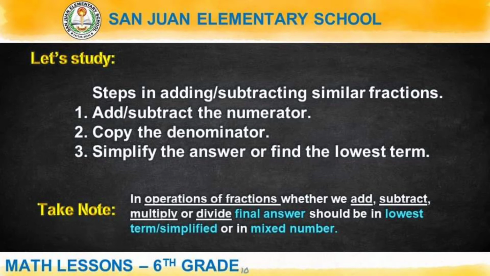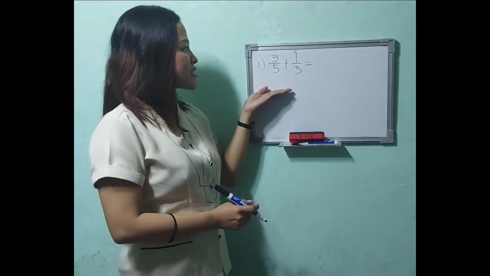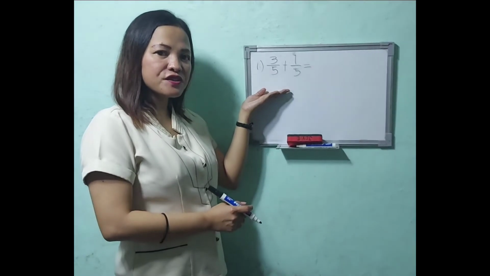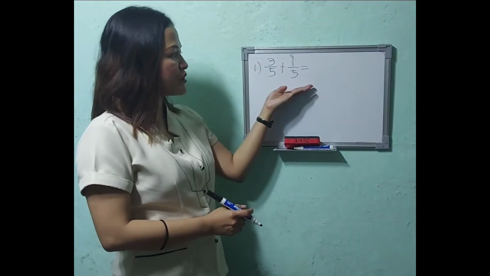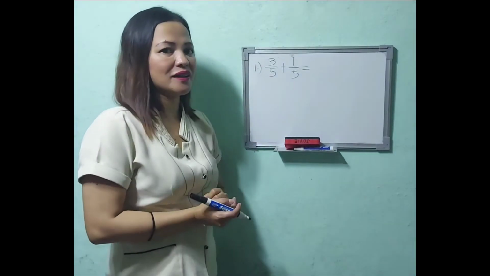Take note that in operations of fractions, whether we add, subtract, multiply, or divide, final answer should be in lowest term, or it must be simplified, or it must be in mixed number. For our first example, we have 3/5 plus 1/5 equals blank.